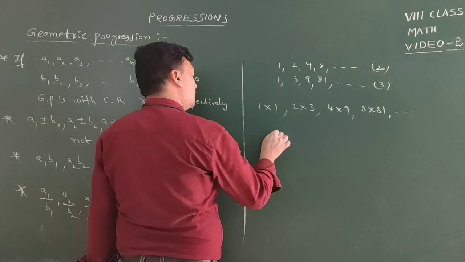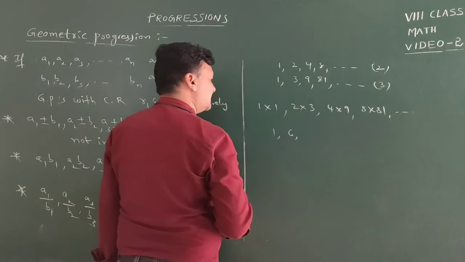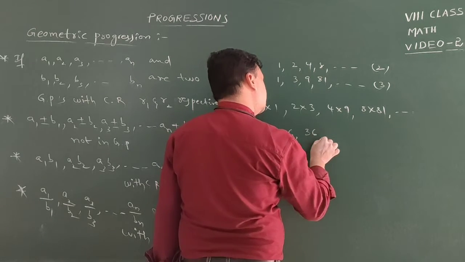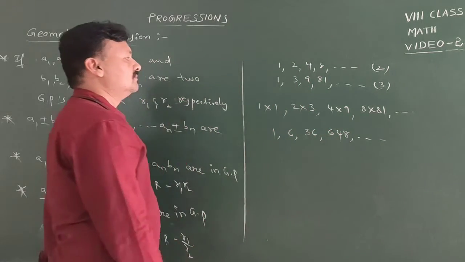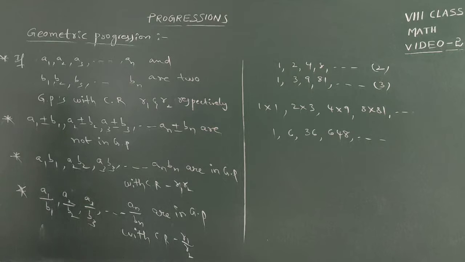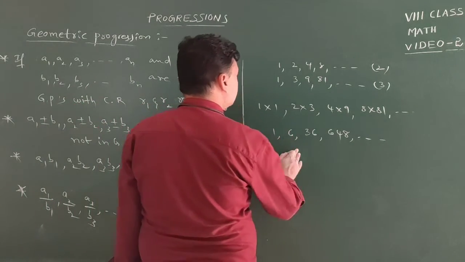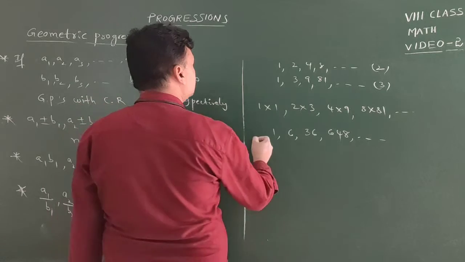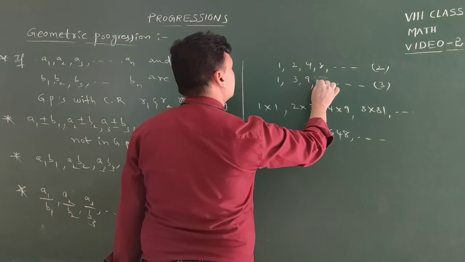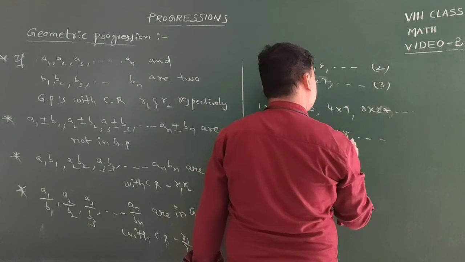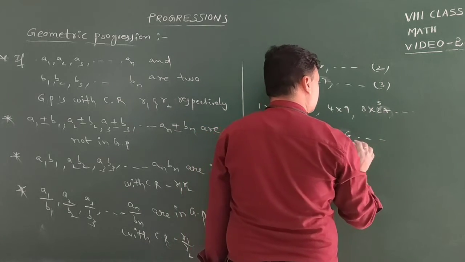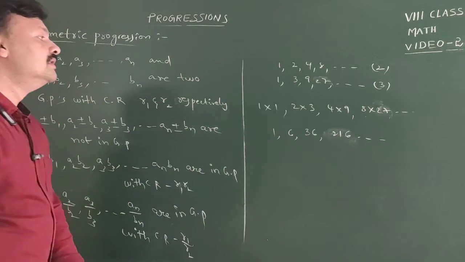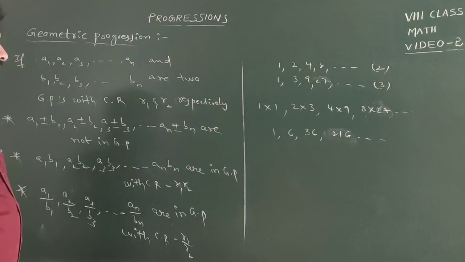Here 1 into 1 is 1, 2 into 3 is 6, 4 into 9 is 36, 8 into 27 is 216 in this way.